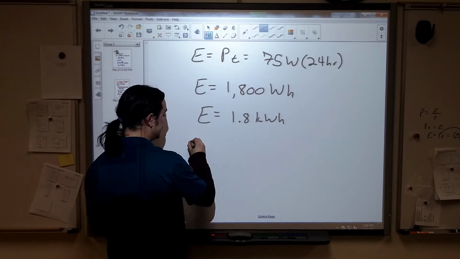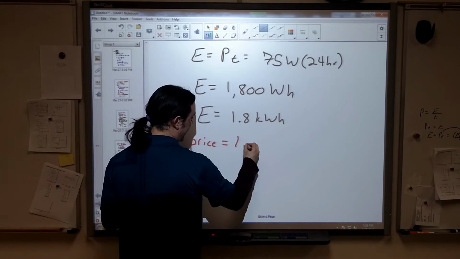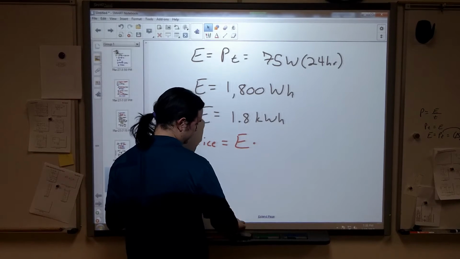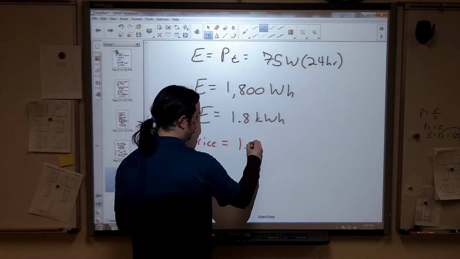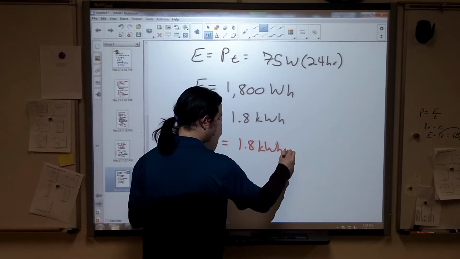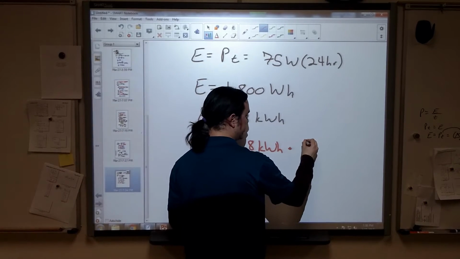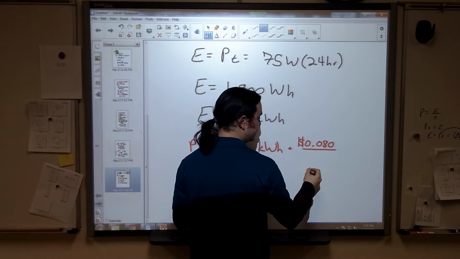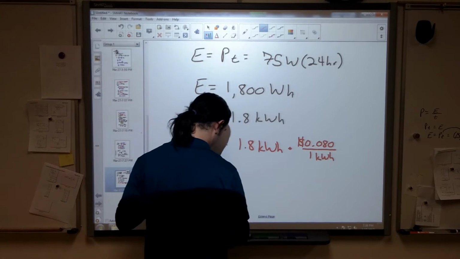To find my price, that's going to be equal to my energy times the cost of it, which we said was, let me fill this in. My price is going to be, our energy was 1.8 kilowatt hours, remember, unit of energy, times it costs $0.080, 8 cents, per 1 kilowatt hour.